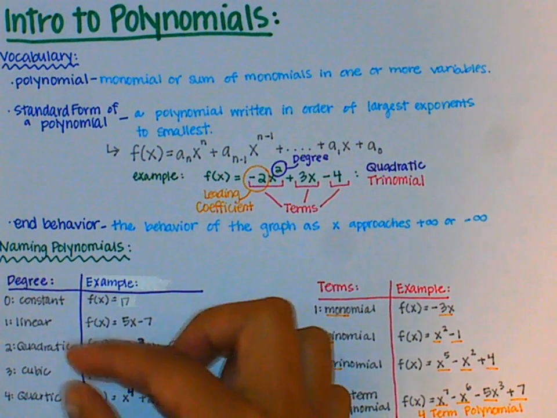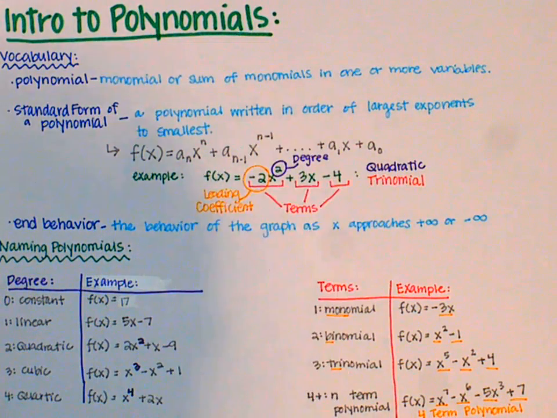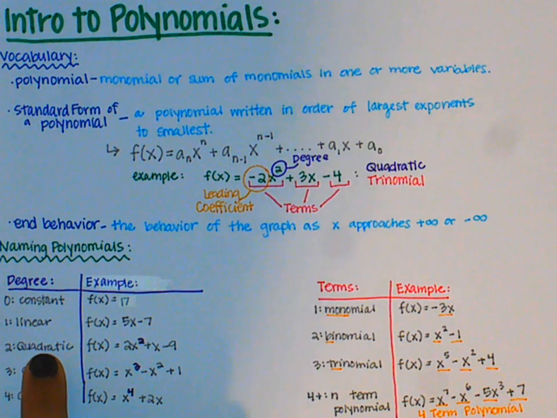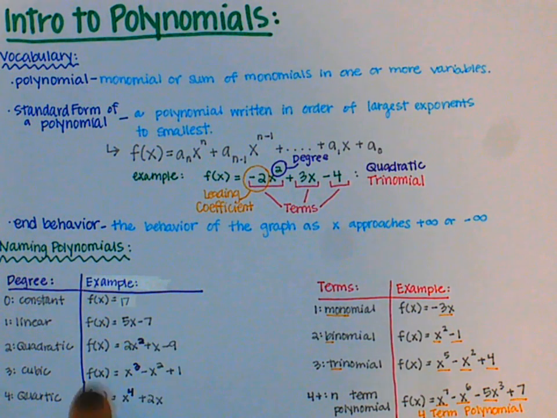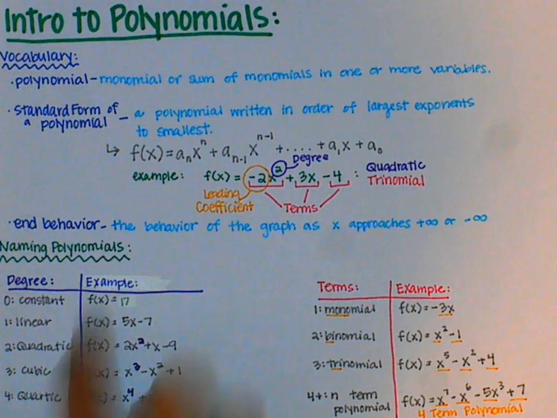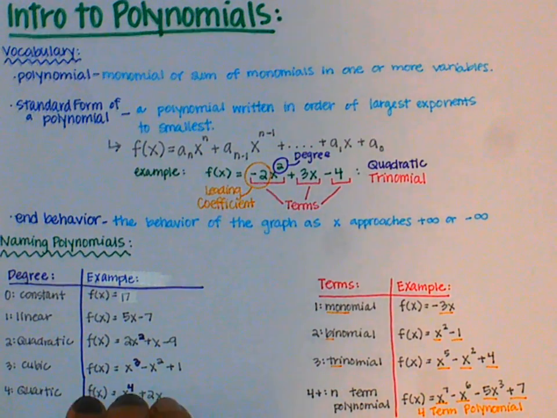Now, these two get a little bit confusing because quad kind of makes us think of quarters, which is a 4. A quadratic, however, is a 2. And a quartic is a 4. So just keep that in mind. And these do keep going, a quintic and so on. But these are the ones I want to focus on here.